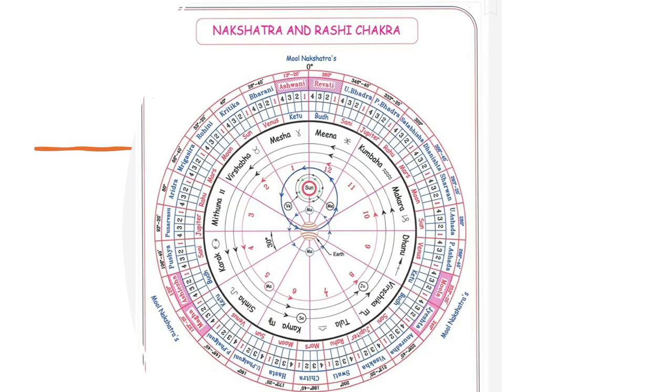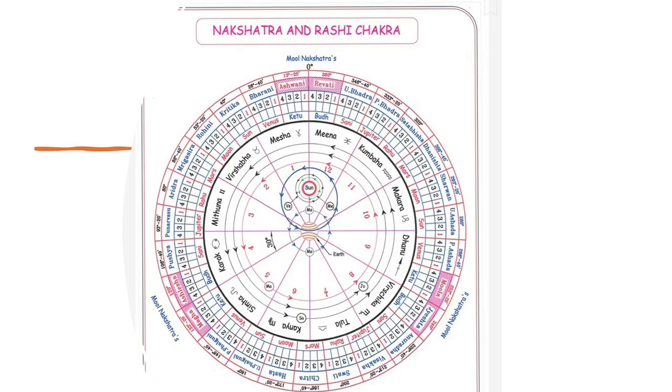So 5 Rashis it has passed, and it has entered the 6th Rashi. That means it has crossed 150 degrees, and then it has also traveled 10 degrees extra. So 150 plus 10, total 160 degrees.